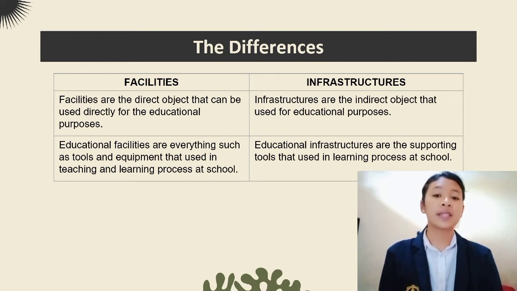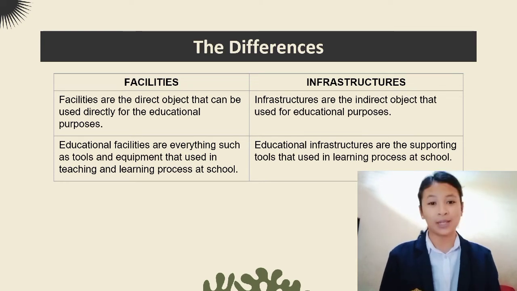That means facilities can be used directly in education, and infrastructure is the opposite, an indirect object that cannot be used directly in education. Also, facilities are the tools and equipment used directly in the teaching and learning process, but infrastructures are everything, tools and equipment, used to support the teaching and learning process. So that's all about facilities and infrastructures in education.